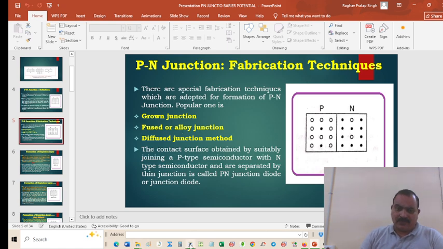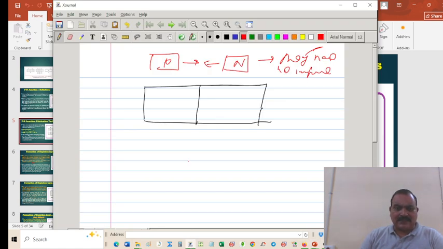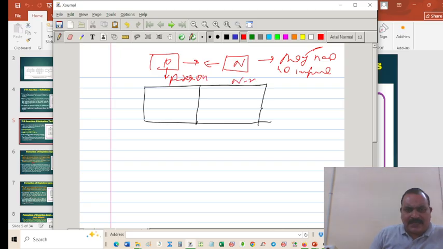Okay. So after fabricating the PN junction, there is a small physics that comes into our mind. This is the p type section, p region on this side, and the second n region is on this side. For example, you can take it either way, it's not a big deal.